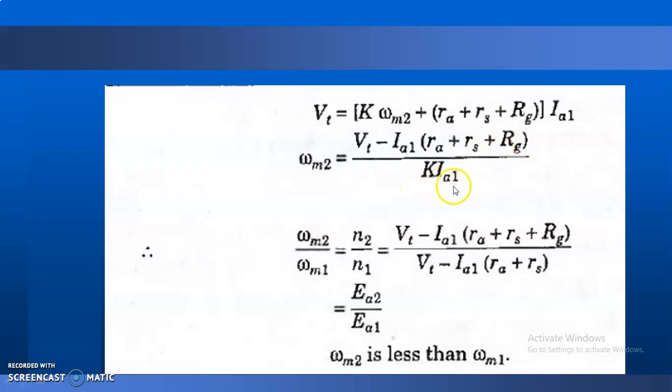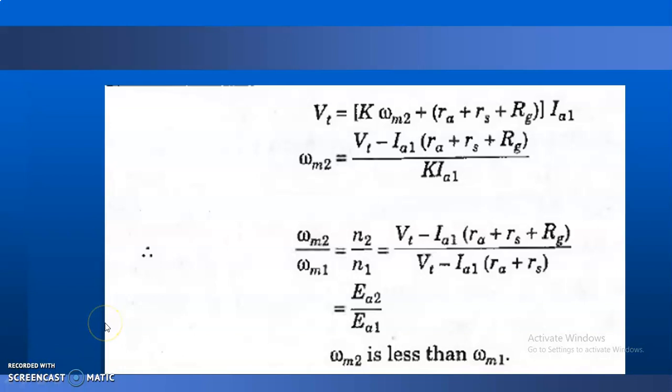The ratio omega m2 by omega m1 follows from this equation, and from it we conclude that omega m2 is less than omega m1.